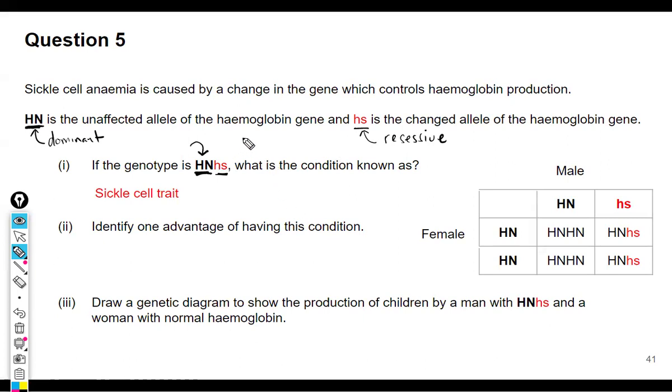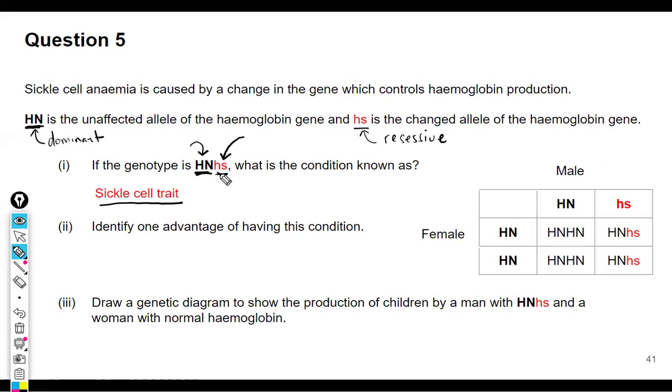However, the person is still carrying the gene that is responsible for sickle cell disease. It's just that the body chooses not to express that. You call that a sickle cell trait: this person has normal blood, but is carrying around the gene that could cause sickle cell disease.